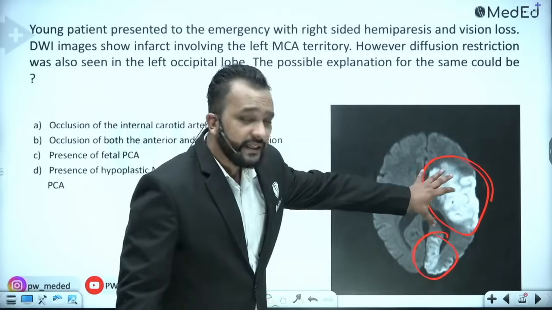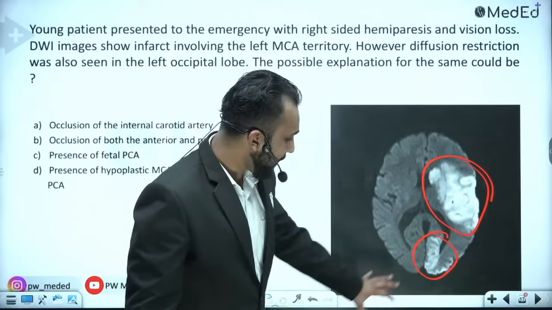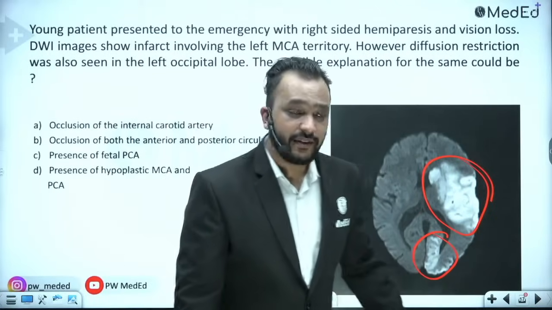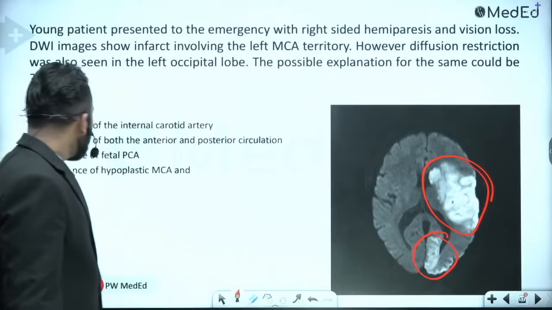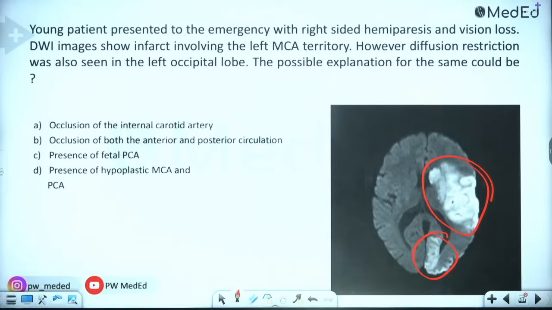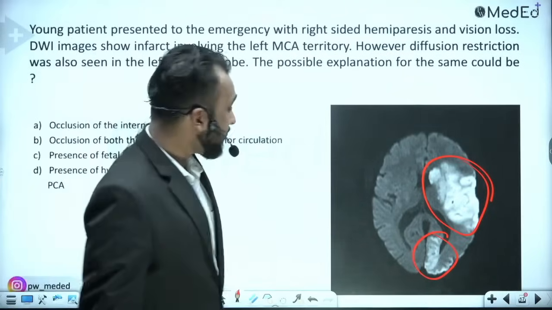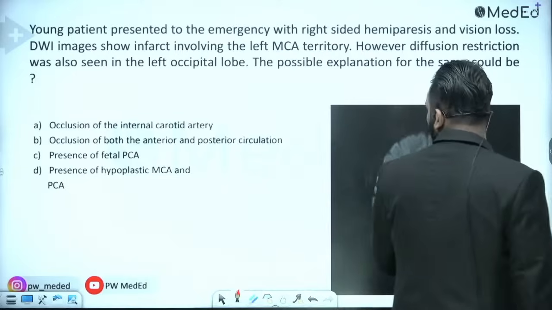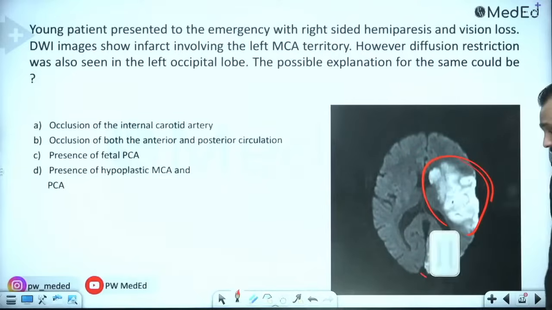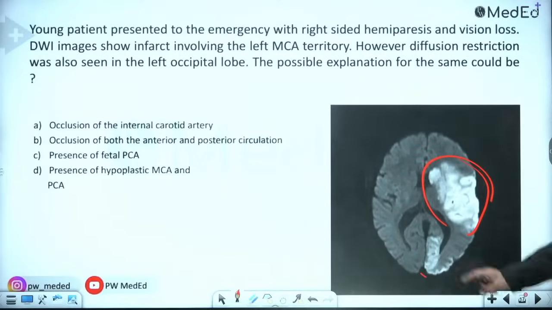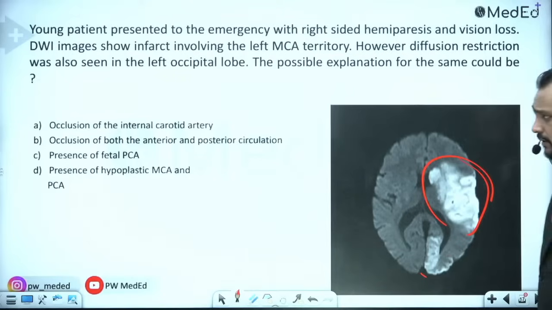There is an infarct involving the left MCA territory, and there is another infarct involving the left occipital lobe. So how is this occurring? Is this due to the occlusion of the internal carotid artery? If the internal carotid artery had been occluded, then you would not see any infarct in the region of the occipital lobe.